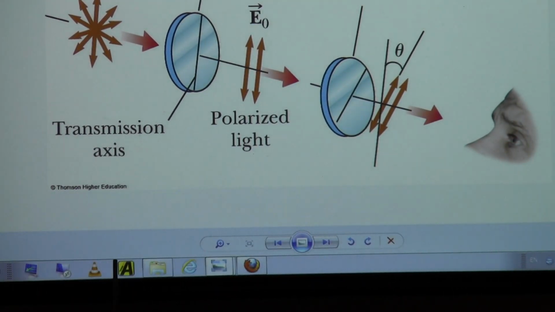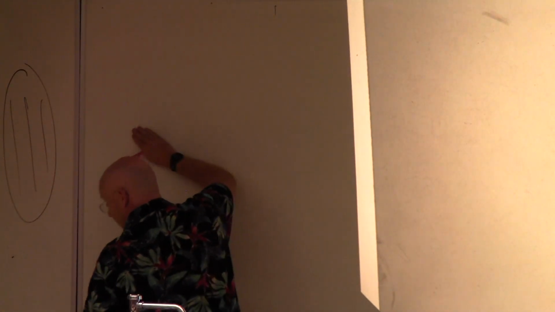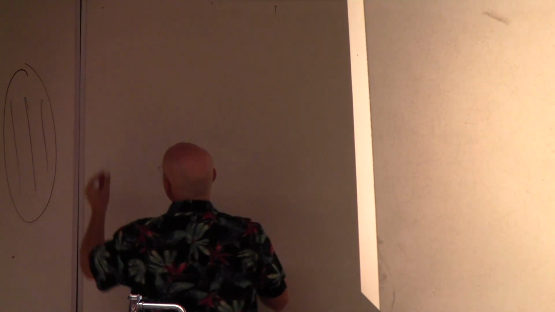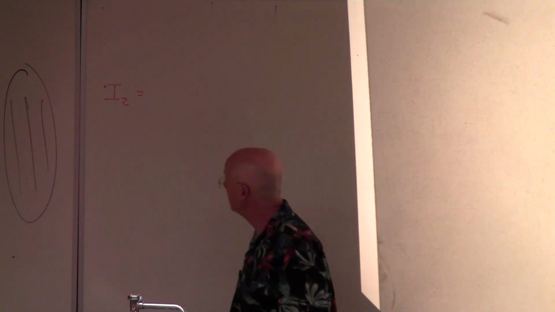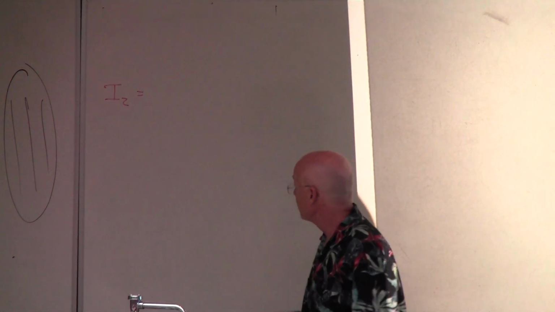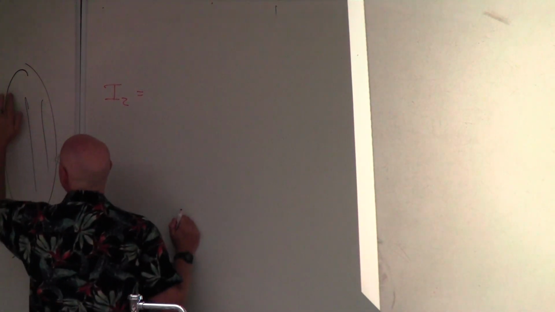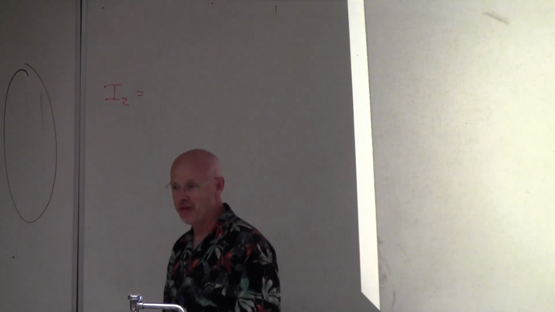Now again, in the short time I have left here, notice then that the intensity that comes out from the second Polaroid, intensity number 2, would be what? Yeah, it's not just an easy half or a third.